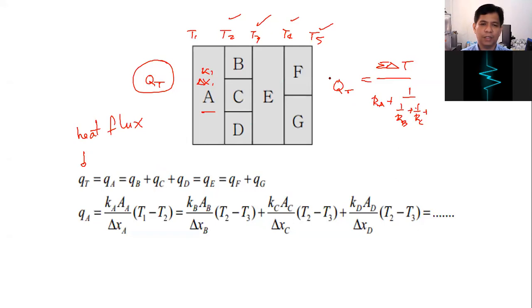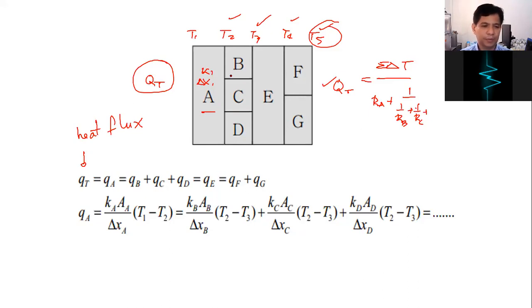Can you imagine what I'm saying? It can also be just one equation if this is what is being asked directly. It's just mathematics. If you imagine, RA and this BCD group are in series, but BCD are parallel to each other, and then RE is in series again, plus 1 over RF plus 1 over RG. Can you imagine what I'm saying?